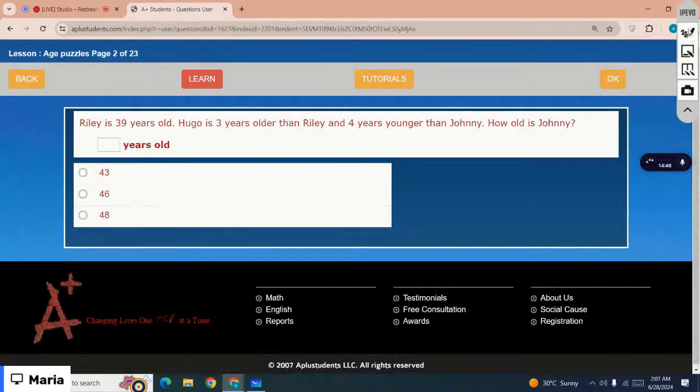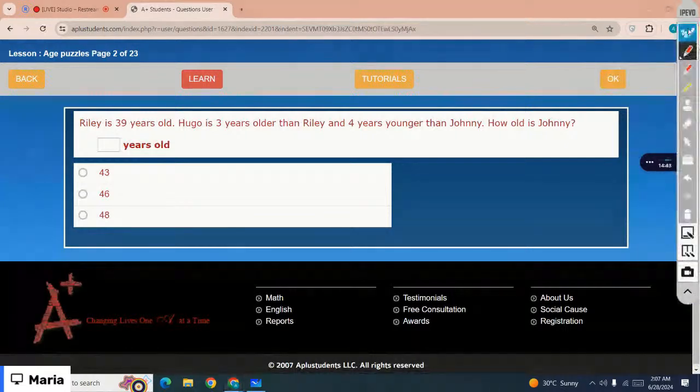Okay. Riley is 39 years old. Hugo is 3 years older than Riley. So Riley is 39, and Hugo is 3 years older than Riley. Add 3 to 39, and Hugo is 42 years, right? And Hugo is 4 years younger than Johnny, right?